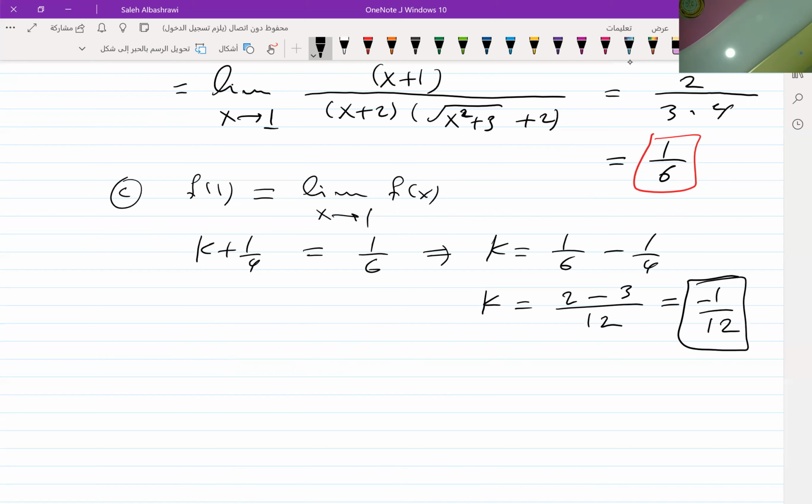So the value of k in this example is equal to minus 1 over 12. So the given function is continuous if k is equal to minus 1 over 12. The three conditions will be satisfied at this value. If k is not equal to minus 1 over 12, then the function is not continuous.